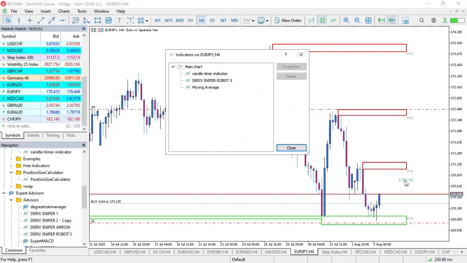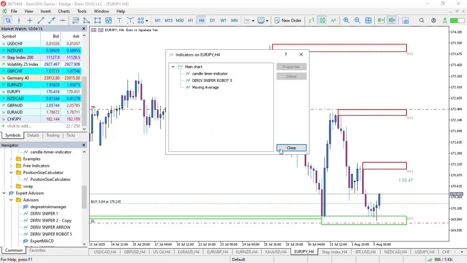I combined all the indicators I'm using into one: the Deriv Sniper Robot, the candle timer indicator, and the position size indicator. I have everything here for you.